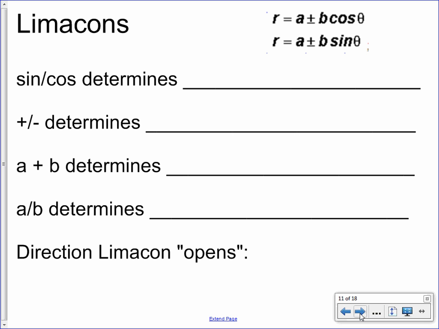Sine or cosine determines what? If it's x-axis symmetrical or y-axis symmetrical. So if it's sine, it has what kind of symmetry? Cosine. Okay.